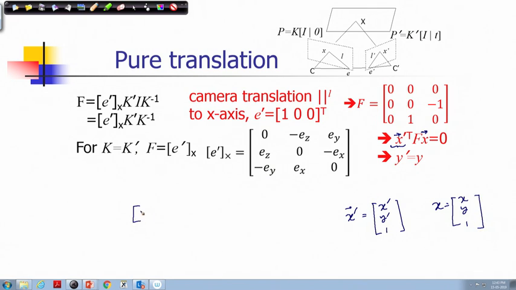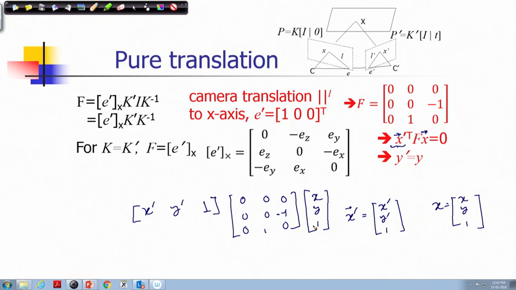Now, if I apply x prime transpose, which is x prime, y prime, 1, into F, which is given by 0 0 0, 0 0 minus 1, 0 1 0, and then x, y, 1.